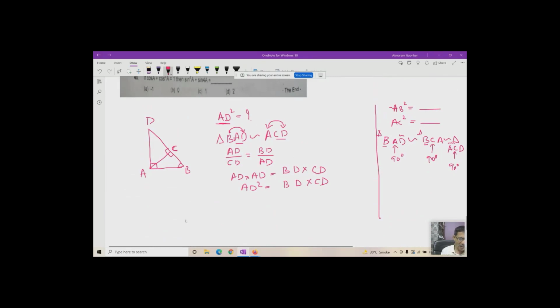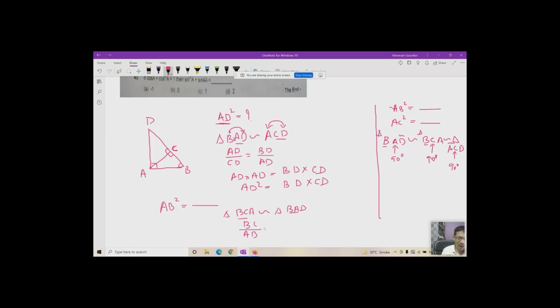Second, you can be asked to find AB square. AB is common in the bigger triangle and the smaller triangle. So you can take triangle BCA, the smaller triangle, which is similar to triangle BAD, and in this you can write BC divided by AB because we require AB.